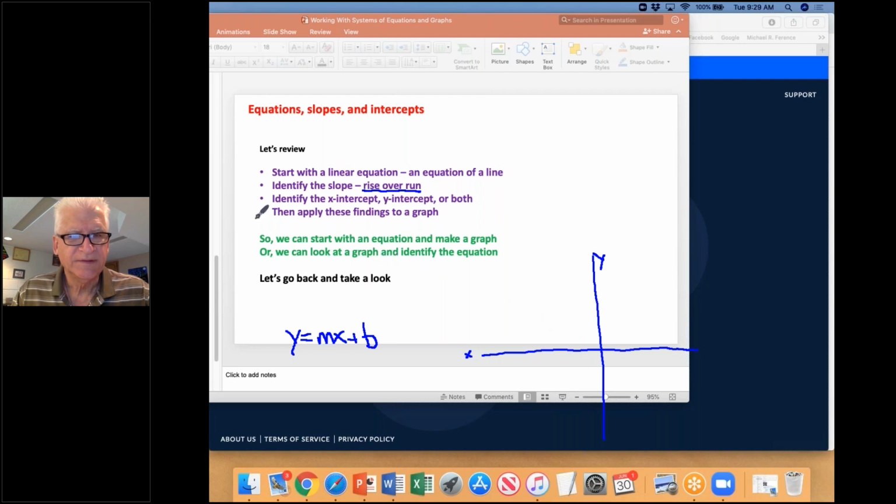So you can start with an equation and make a graph, or you can start with a graph and figure out the equation, either way, as long as you can figure out the slope and the y-intercept. You could take any equation and graph it, and you could take any graph and figure out the equation simply by figuring out the slope and the y-intercept.